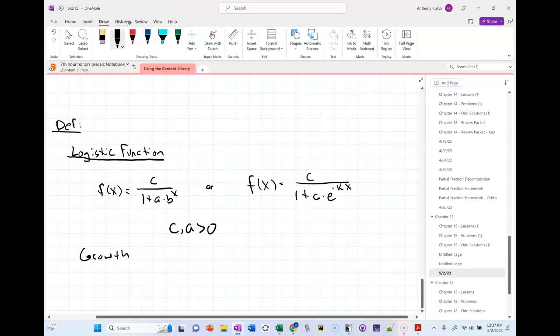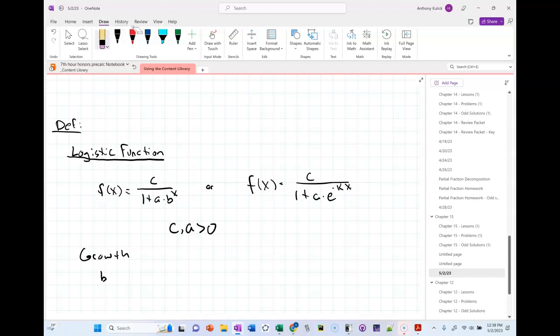And we call this logistic growth when b is between 0 and 1. And we call this decay when the b is then greater than 1. And we call this growth if k is greater than 0 and decay when k is less than 0.